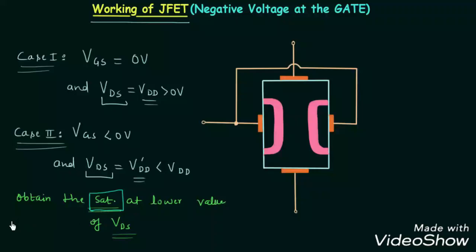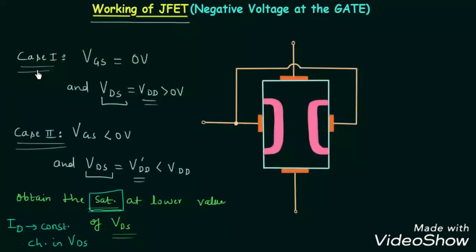Saturation is a condition in which the drain current ID remains constant with change in drain to source voltage VDS. So when you change VDS and ID remains constant, we call this condition saturation condition.